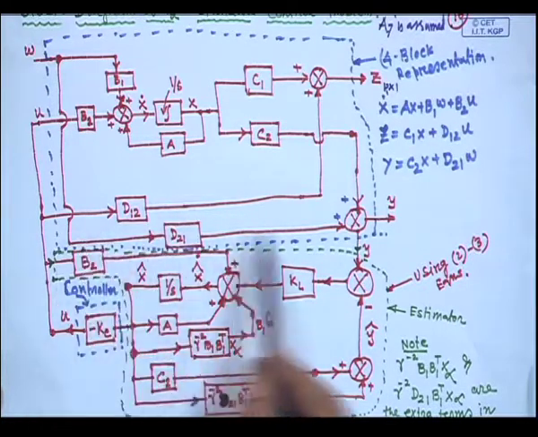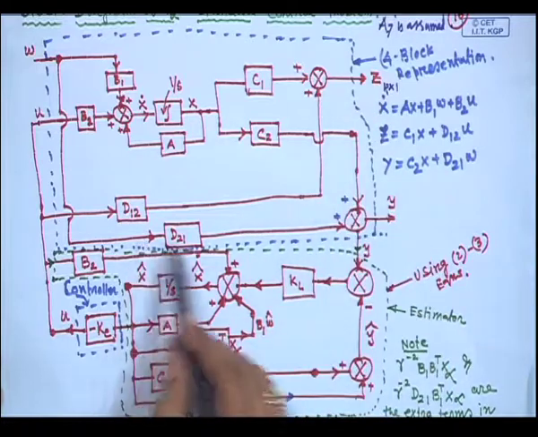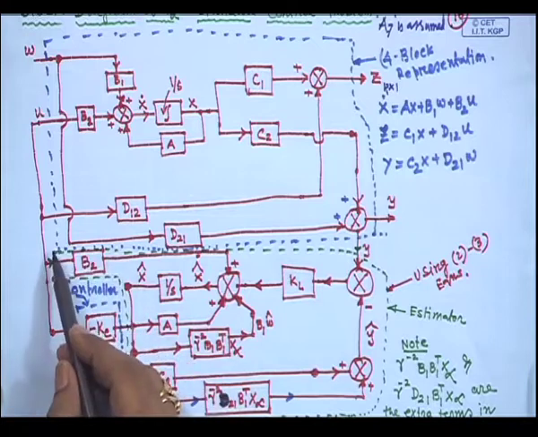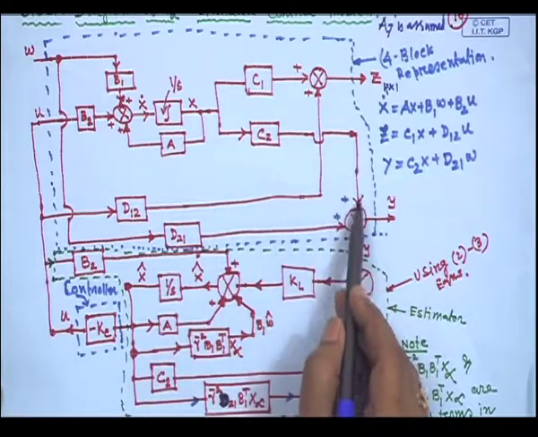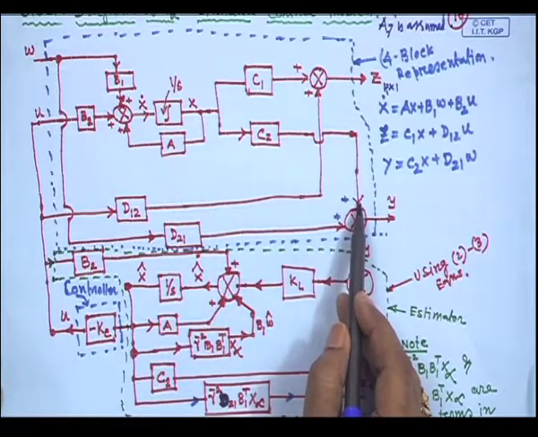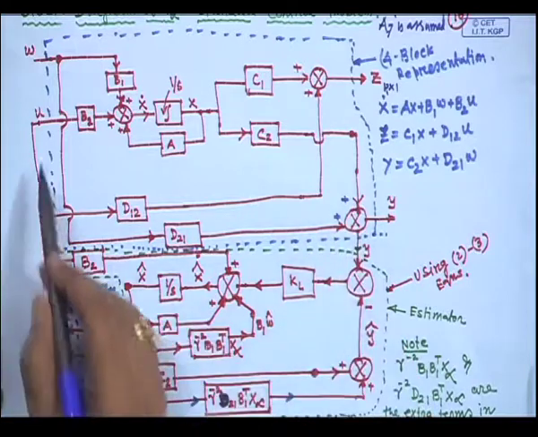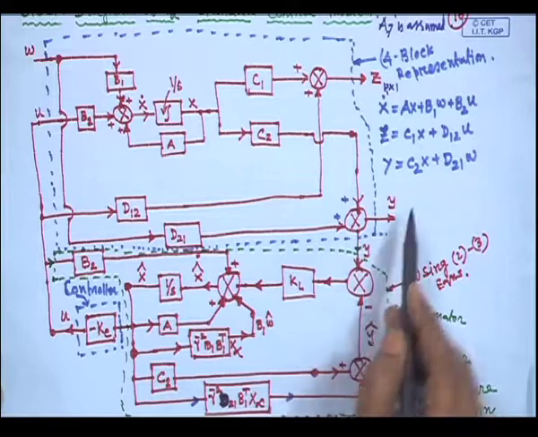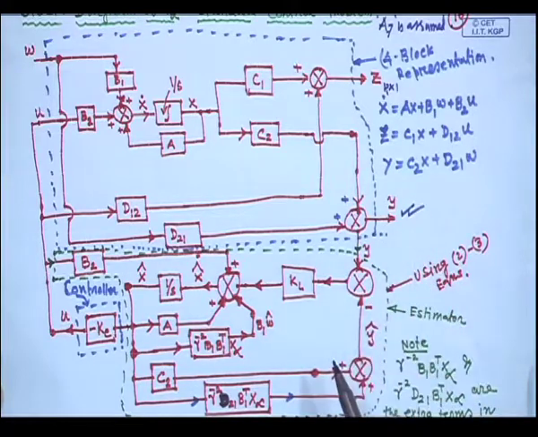So, our regulated output, this, and the measured output is what? Y is C2 into x plus D21 into W, you see D21 into W.